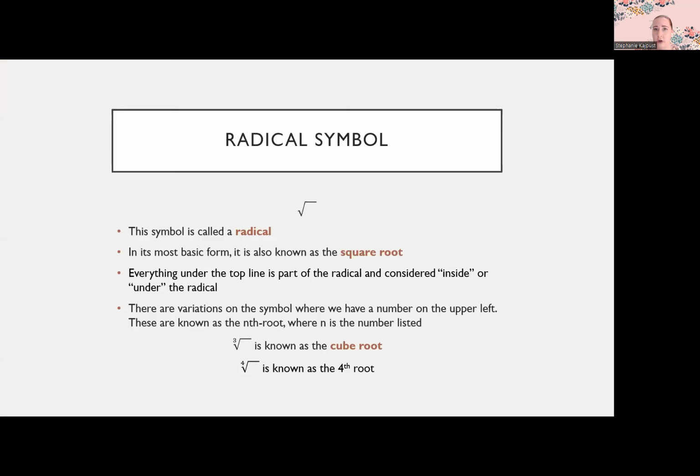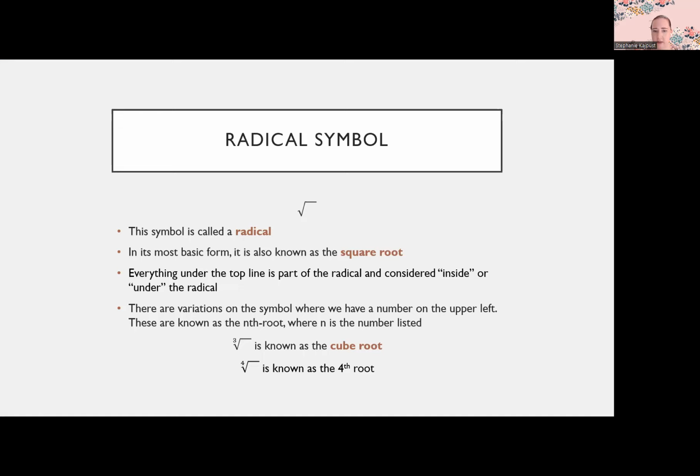So I'm just going to start with the definitions. The symbol that you associate with the square root is actually called a radical. I'll say the square root symbol or radical interchangeably. Anything that is underneath that top line is part of the radical, and we'll say it's inside or under the radical.